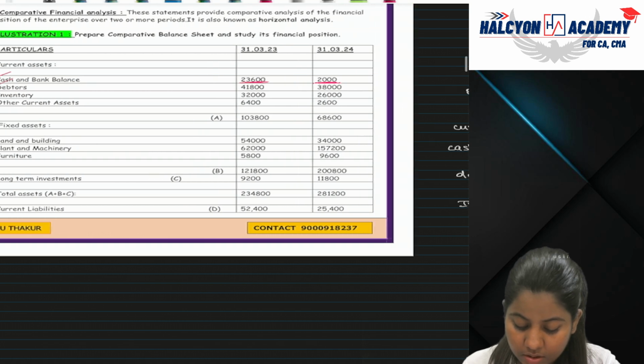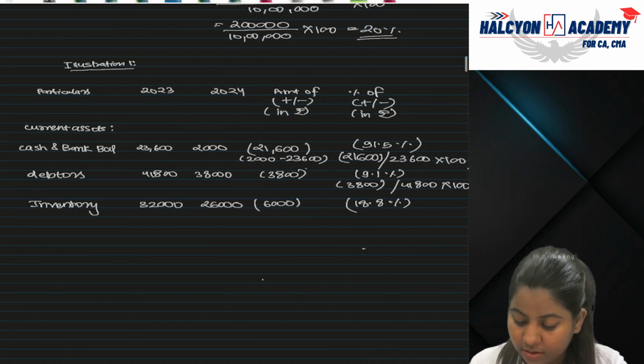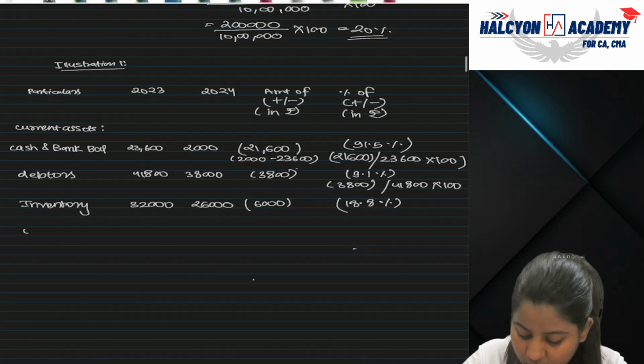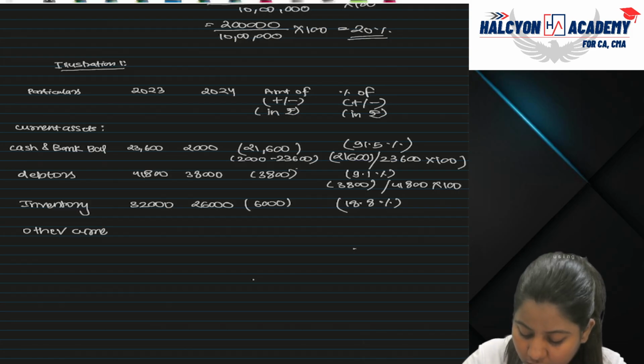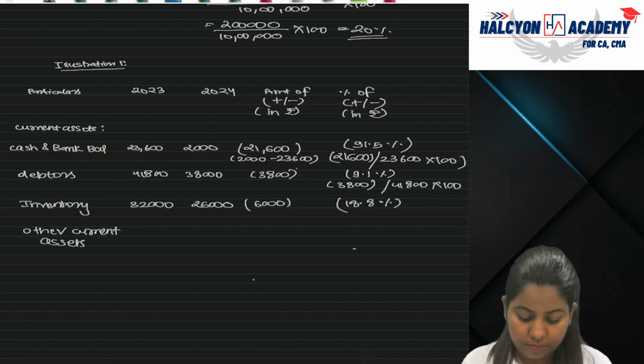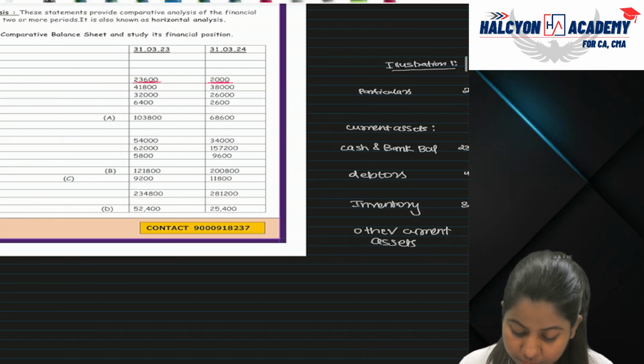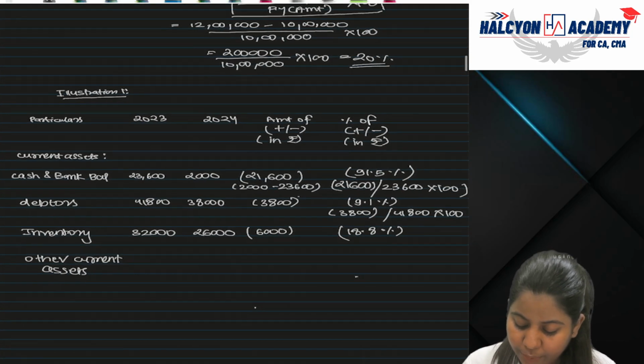Next is other current assets. What is the amount? 6,400 and 2,600.